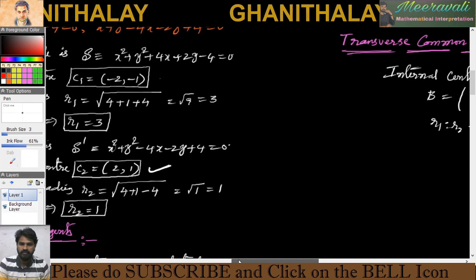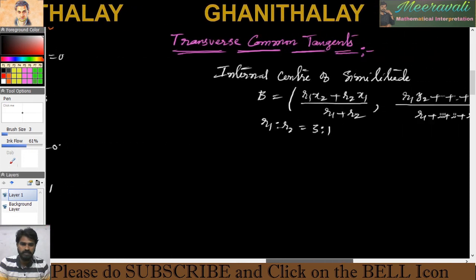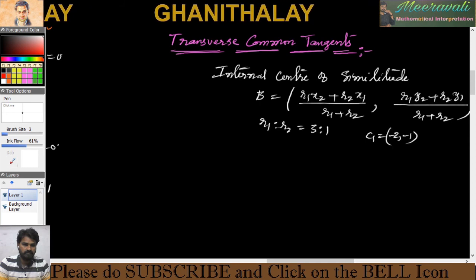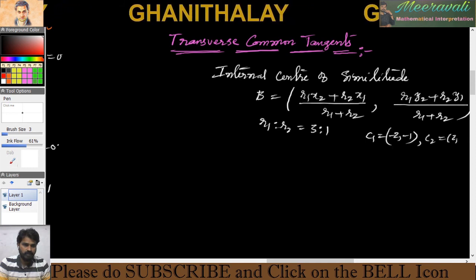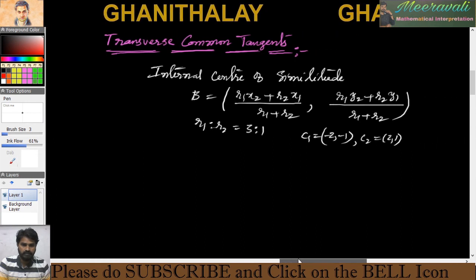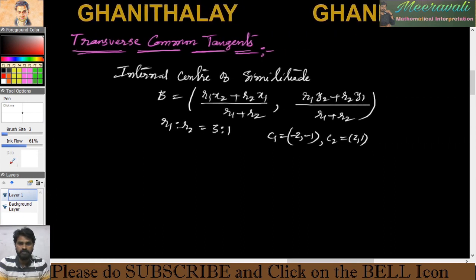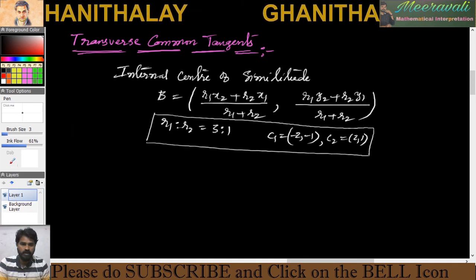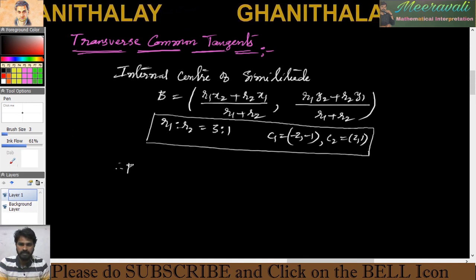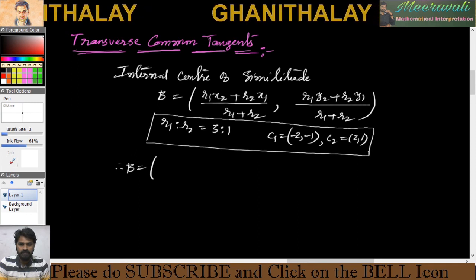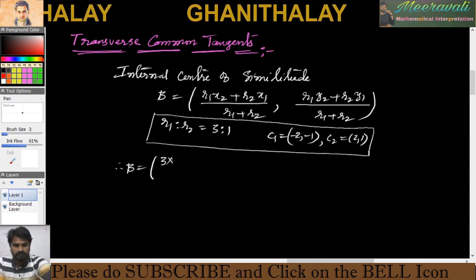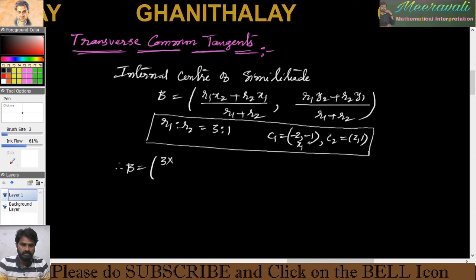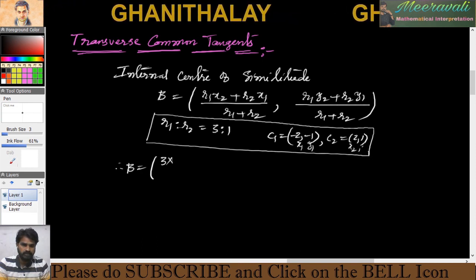Now the center c1 is (minus 2, minus 1) and c2 is (2, 1). So they are the values. Now by using them you can substitute these values in the above point. Here this is x1, this is y1, this is x2, this is y2.